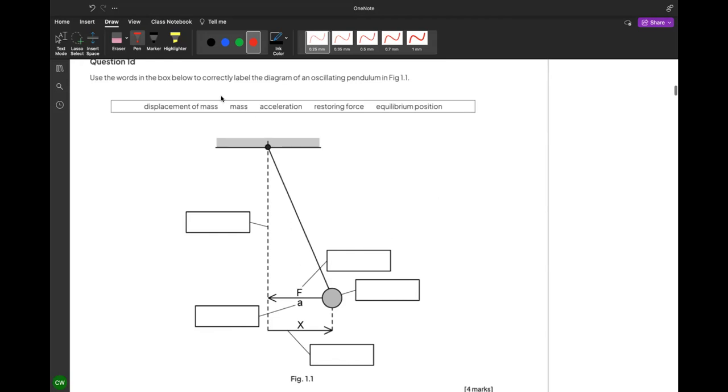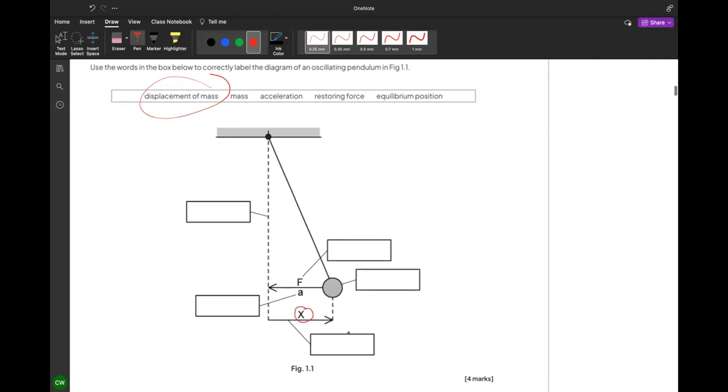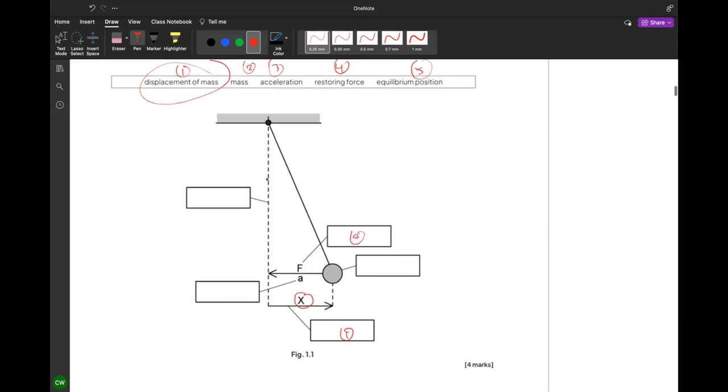Use a word. Displacement is represented by x. So this is a displacement. Force: 1, 2, 3, 4, 4 is a force. What is this line?